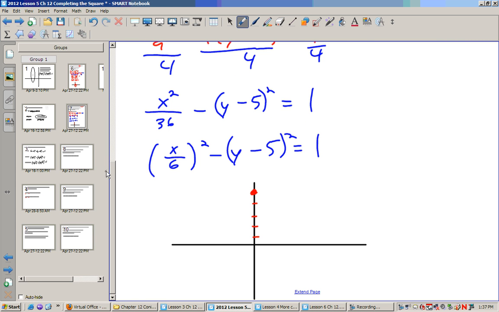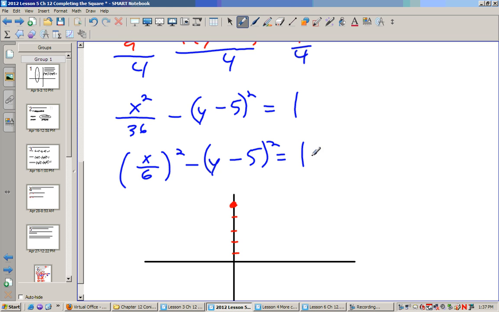Now, oops. This is actually kind of like an over 1, right? So, for my hyperbola, the first thing I can do is now make my asymptotes. So I go up 1 over 6. 1, 2, 3, 4, 5, 6. So that's that point. Down 1 over 6.